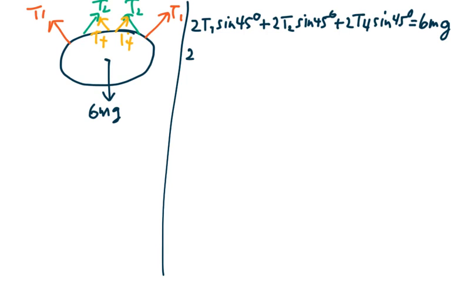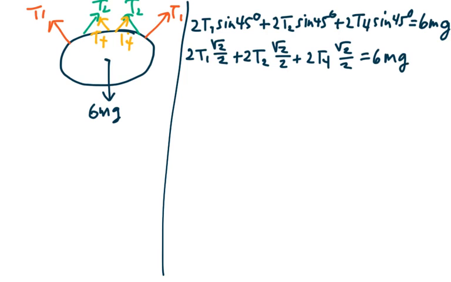So I have 2 times T1 square root of 2 over 2 plus 2 times T2 times square root of 2 over 2, plus 2 times T4 times the square root of 2 over 2 equals 6 mg. So getting rid of our 2's here, we end up with the square root of 2 T1 plus the square root of 2 T2 plus the square root of 2 T4 equals 6 mg.